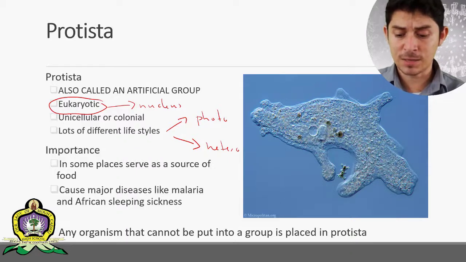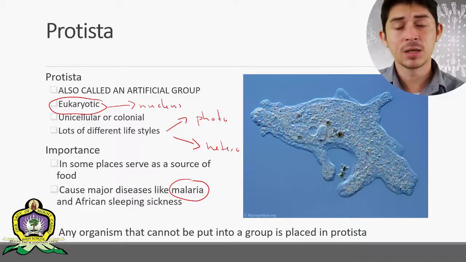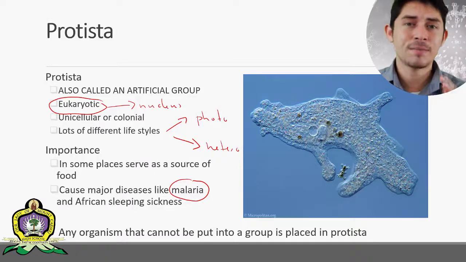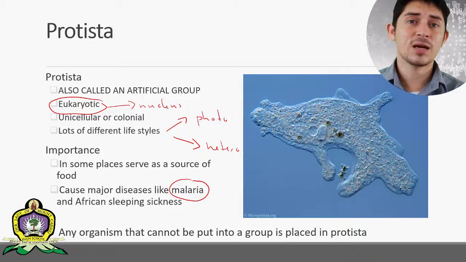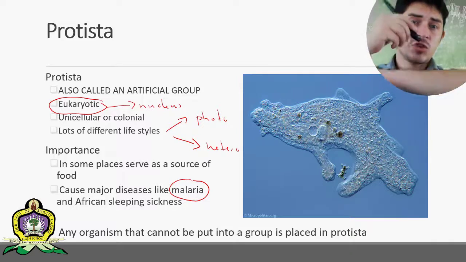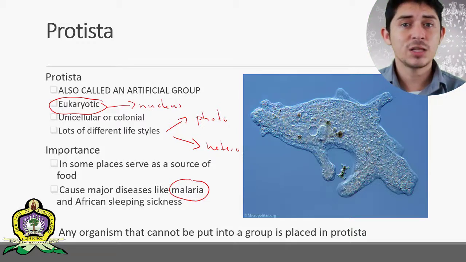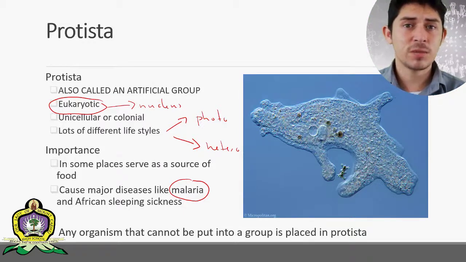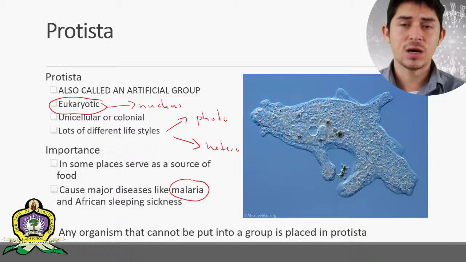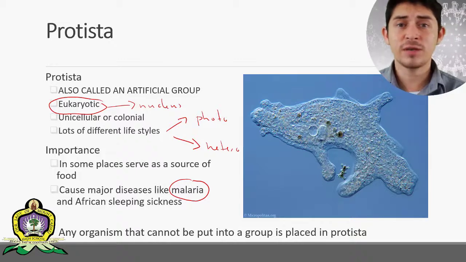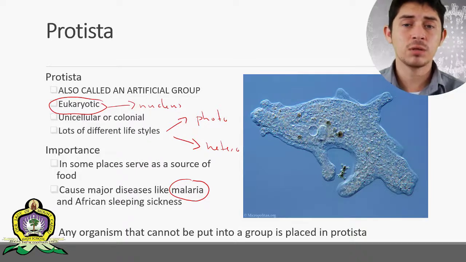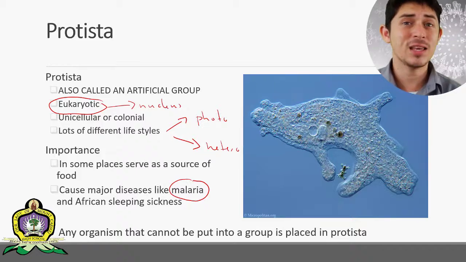In my example here, I have malaria, a parasite under the kingdom Protista that enters the body through a mosquito bite and destroys the red blood cells in your body, causing death. More than 300,000 people in the world die of malaria each year. So it's a serious disease.